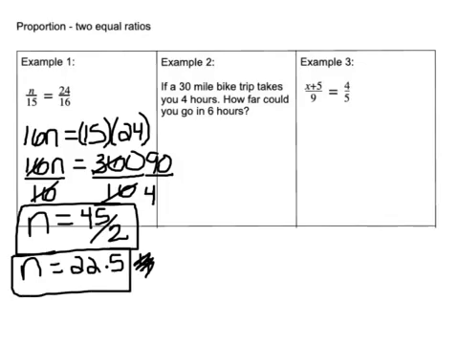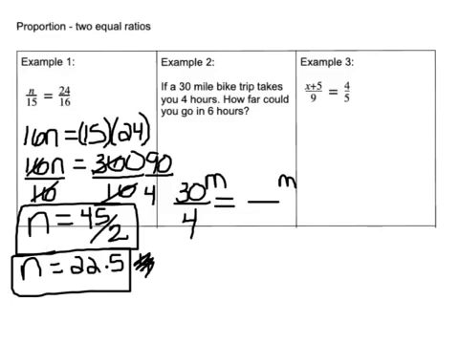In example 2, we have: if a 30-mile bike trip takes you 4 hours, how far could you go in 6 hours? If we write the fraction out for that, a 30-mile bike trip takes you 4 hours. The key thing here is you have miles on the top, so you want miles on the top on the right side.